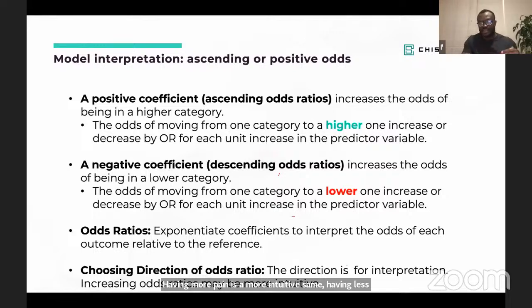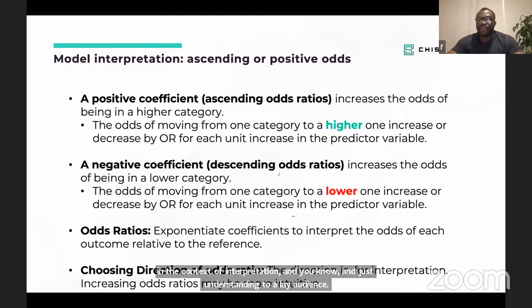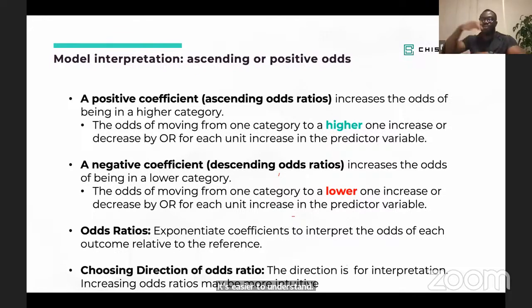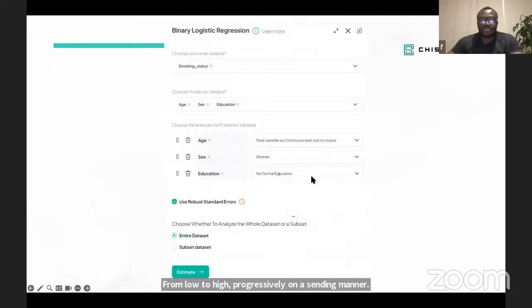Again, descending is as valid as ascending, but in the context of interpretation and understanding for a lay audience, it's easier to understand when we move from low to high progressively in an ascending manner. But you have to specify this when you analyze your data.